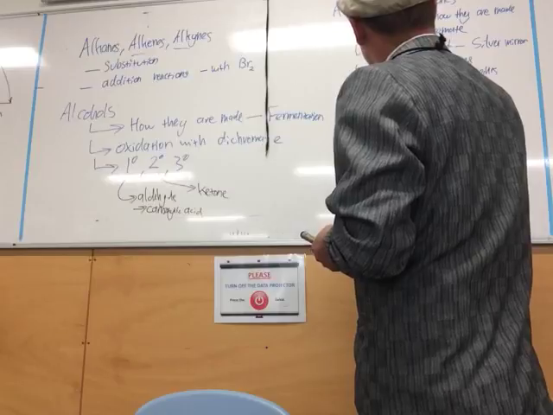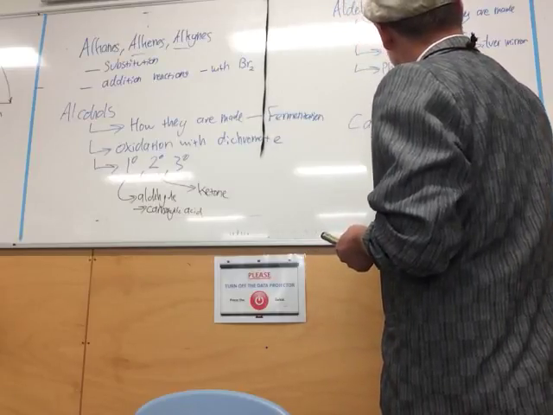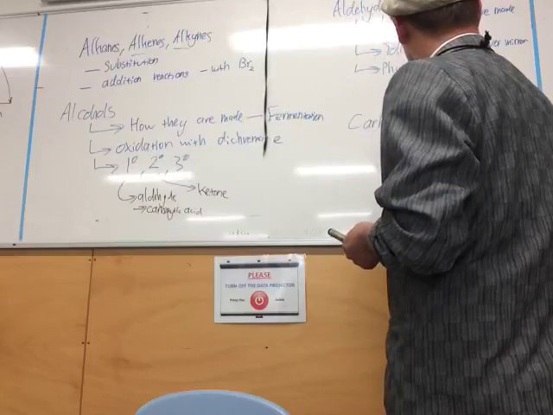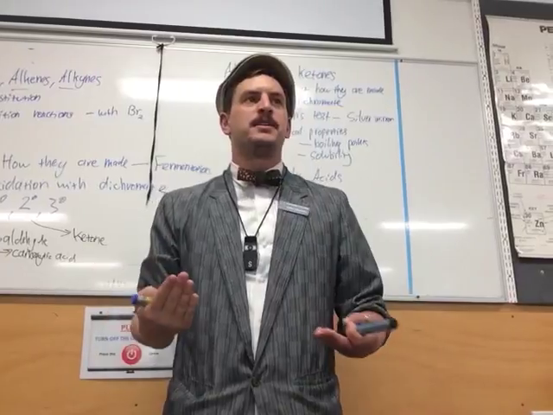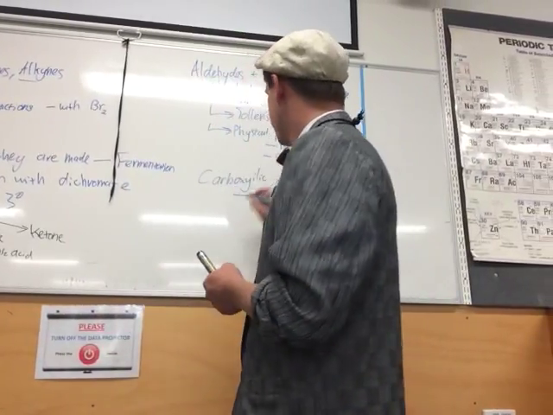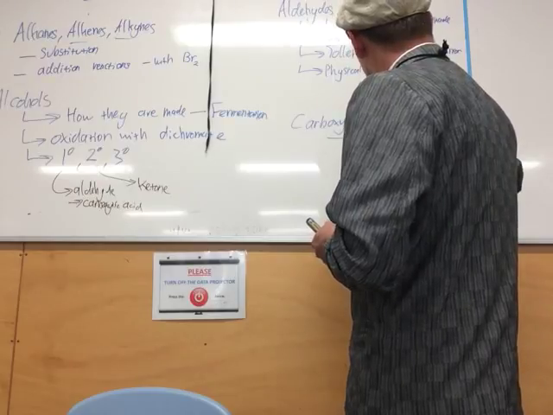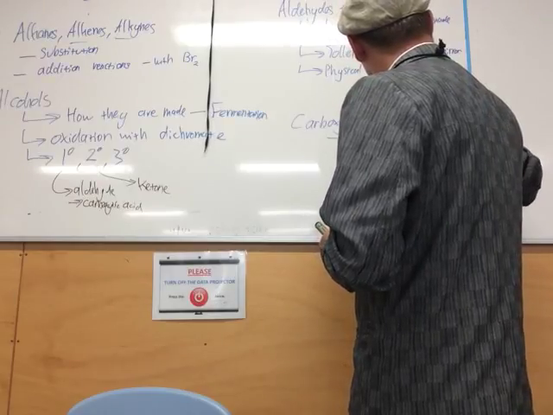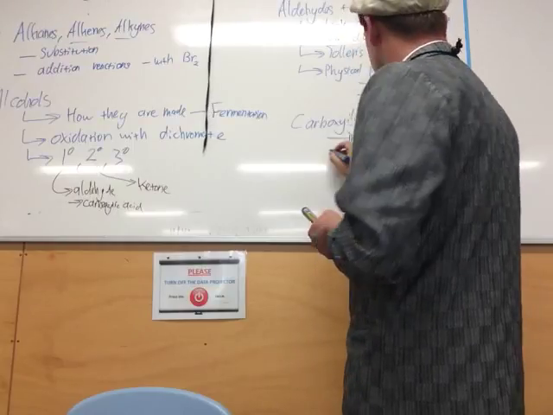The carboxylic acids, again, with the carboxylic acids, see how they're made with excess dichromate. Okay.